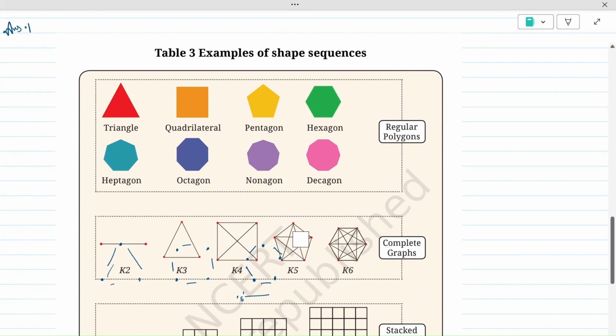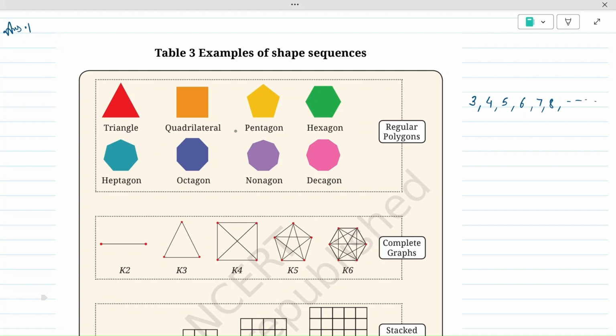And let's start. What we have to do is identify which sequence this is following. If you can see here, this starts with 3, then it has 4 sides, 5, 6, 7, 8 and so on.